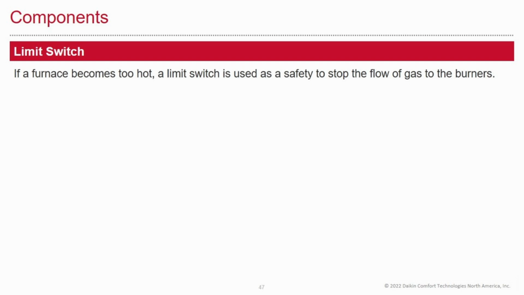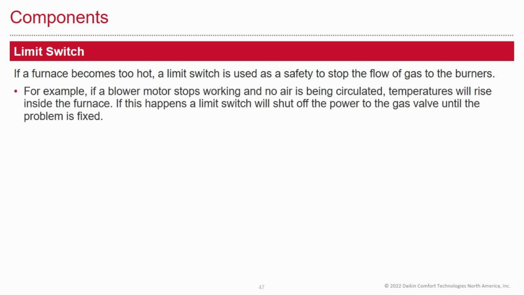Limit switch. If a furnace becomes too hot, a limit switch is used as a safety to stop the flow of gas to the burners. For example, if a blower motor stops working and no air is being circulated, temperatures will rise inside the furnace.